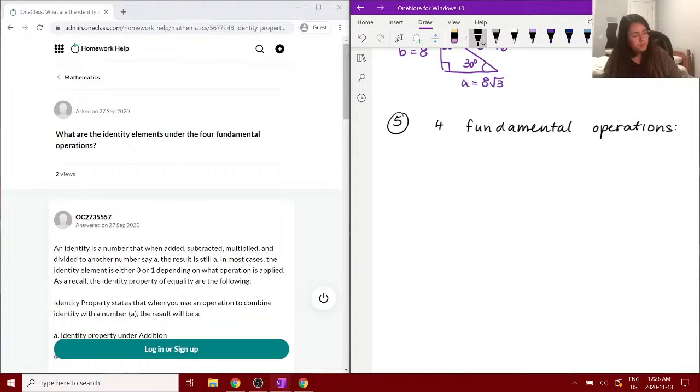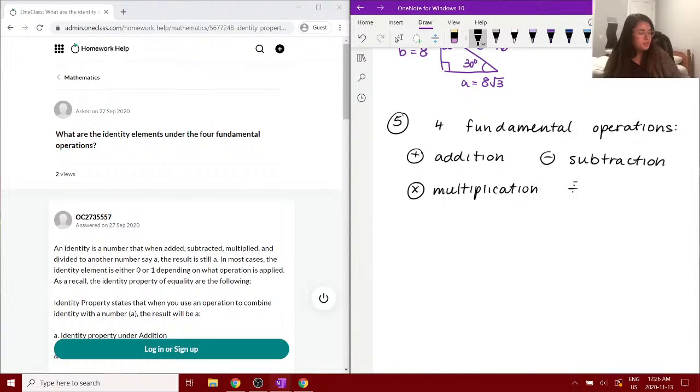That includes addition, subtraction, multiplication, and you probably guessed it, division. Okay, so those are the 4 fundamental operations.